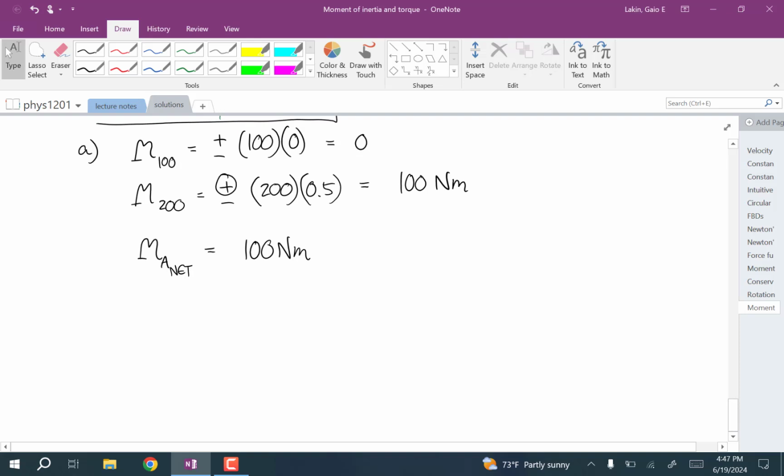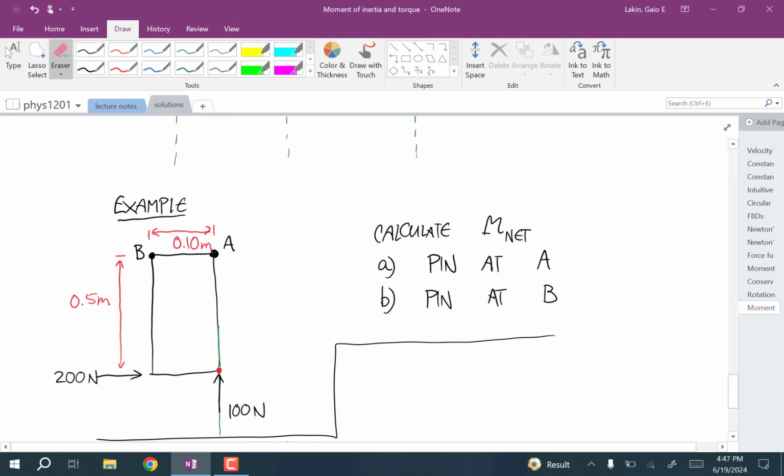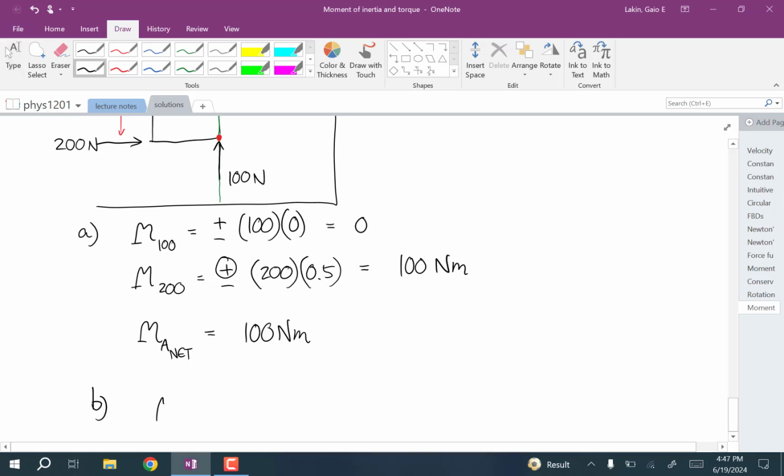Okay, now we're going to do the same thing, but we're going to assume that this time the pin is at B. I'm going to start again with the 100.